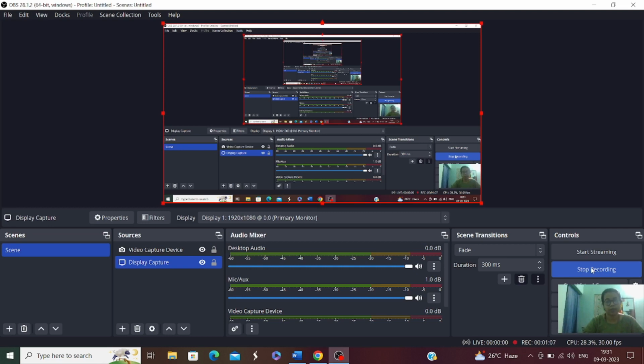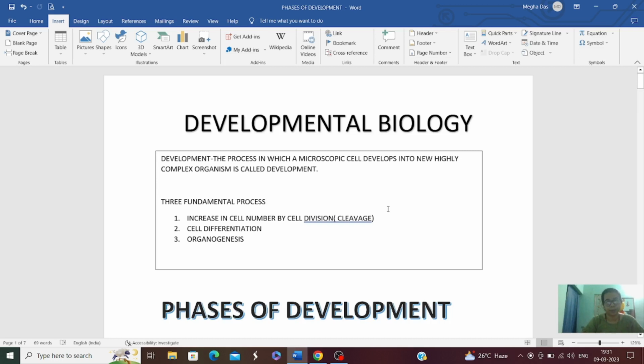So let's begin without any delay with our first topic: what is development and what are the phases of development. First of all, we need to understand what is development, or what is developmental biology. Developmental biology is the process in which everything begins from a single microscopic cell and gradually it divides to become multicellular.